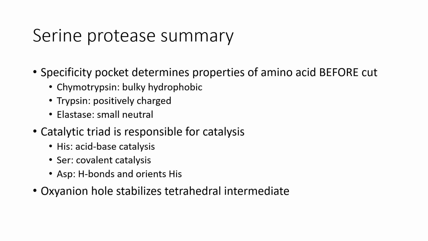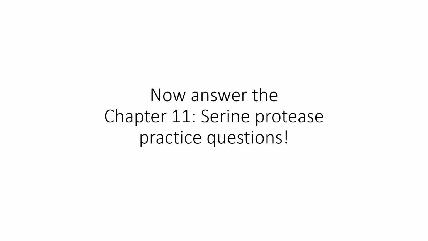And we also took some time to discuss the oxyanion hole, which helps to stabilize the tetrahedral intermediate, which, as we hopefully know, forms an oxyanion. So with that, now you are ready to answer the Chapter 11 serine protease practice questions.